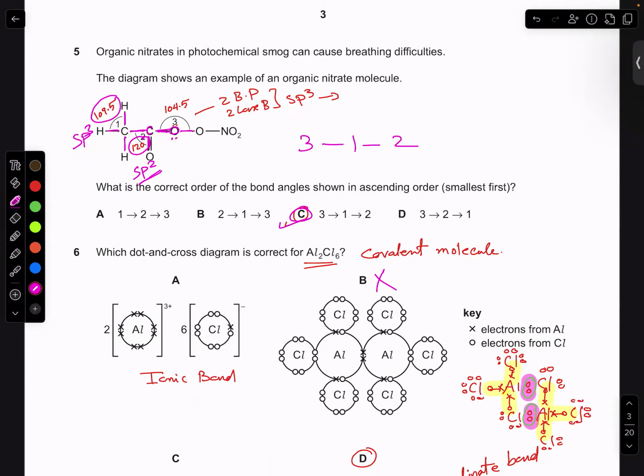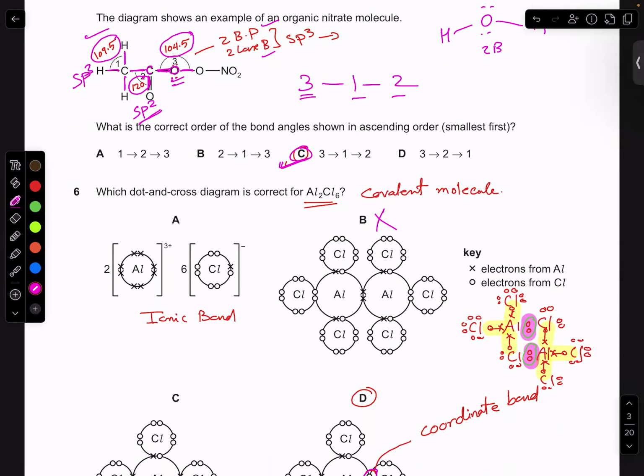And this O makes 2 sigma bonds and 2 lone pairs, so it looks like water. So the bond angle is 104.5 because we have 2 bonding pairs and 2 lone pairs. So the smallest angle will be 3, then 1, which is this one, then 2. So the answer is C.